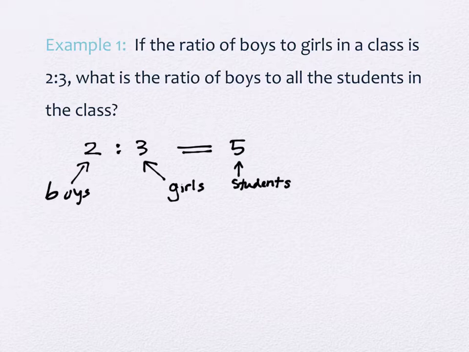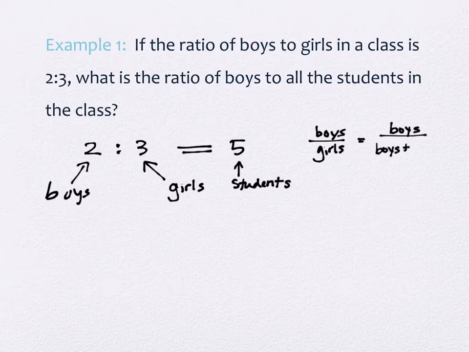So when we're trying to create our ratio of boys to girls, we have boys to girls. What I need to figure out is how many boys I have to the combined total of boys plus girls. So the number of boys, which was 2, is now compared to the boys plus girls, which is 5.